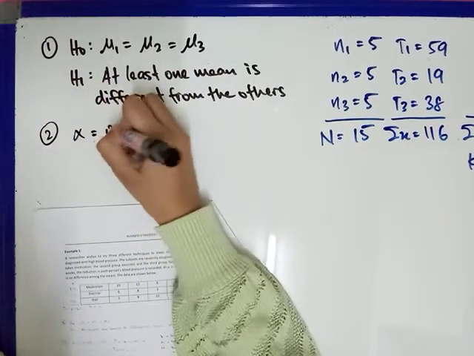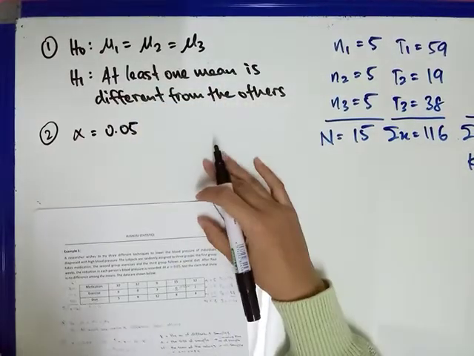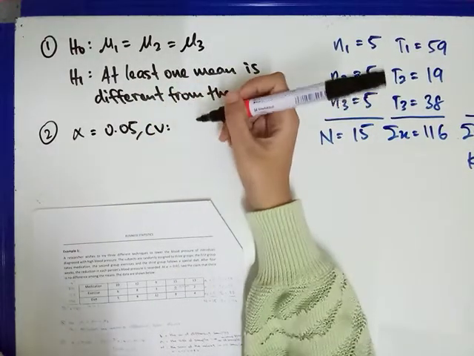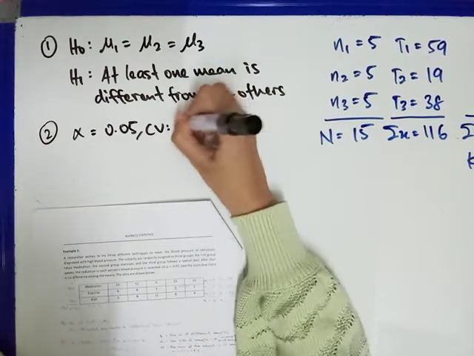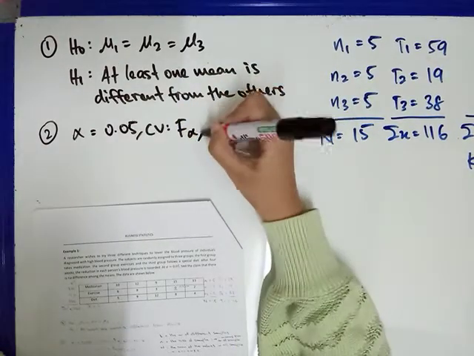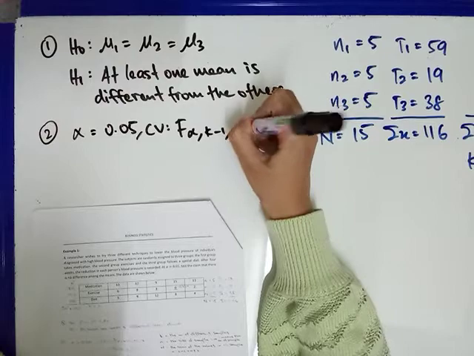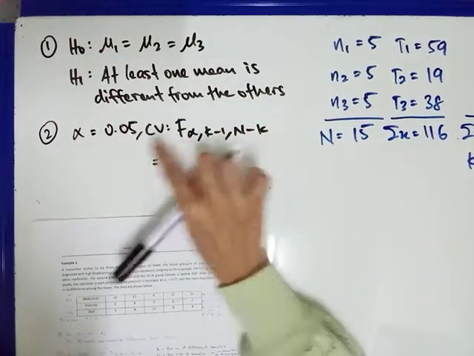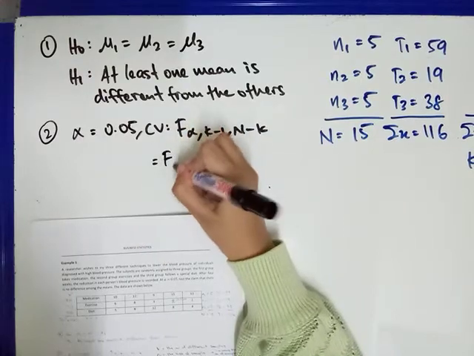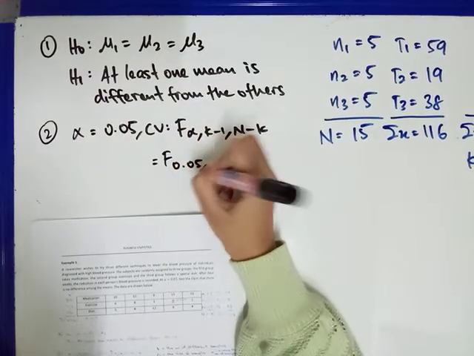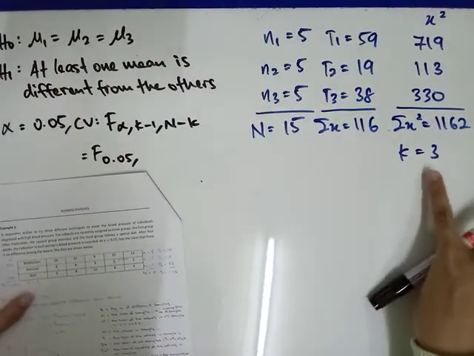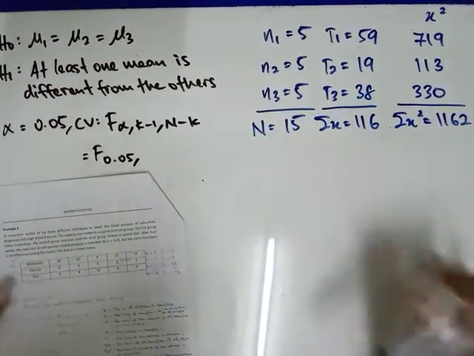Alpha is 0.05, and then critical value, for critical value F alpha, k minus 1 and N minus k. So we know that alpha is 0.05, and k is 3. Saya tulis kat sini.